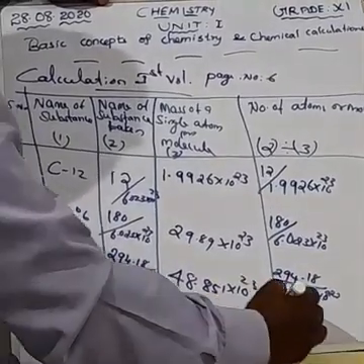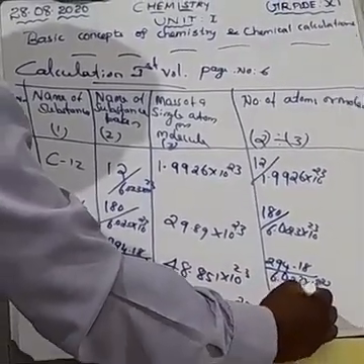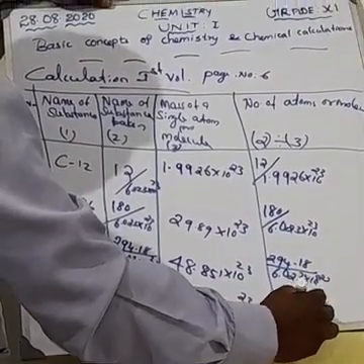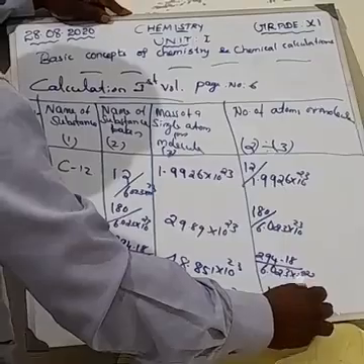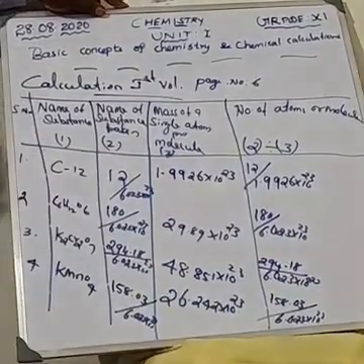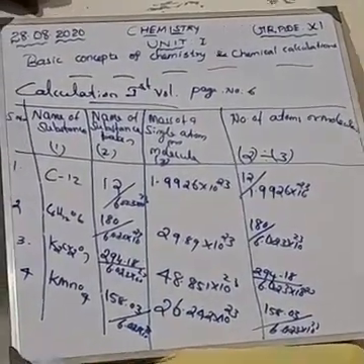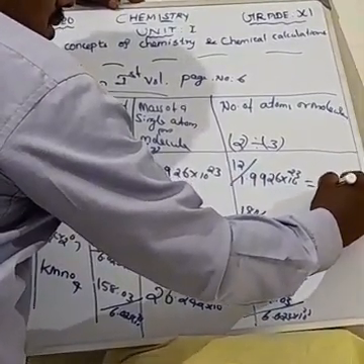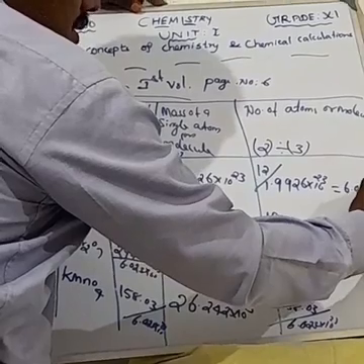And also 158.03 divided by 6.023 into 10 raised to 23. Can you say what is the answer? All we get 6.023 into 10 raised to 23.